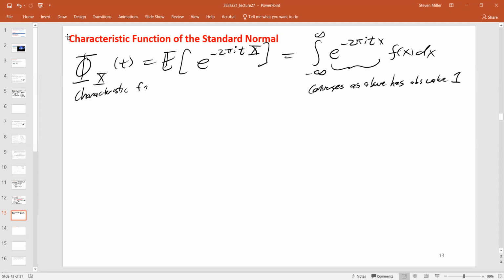Okay. So we want to calculate the characteristic function of the standard normal. The central limit theorem says if you have a sum of independent, identically distributed, nice random variables, then their sum converges to being normally distributed. If you standardize, if you subtract the mean and divide by the standard deviation, it converges to the standard normal. The way we're going to prove this is the following.